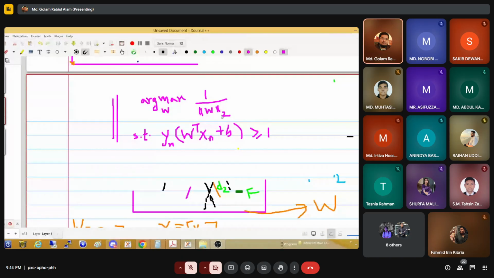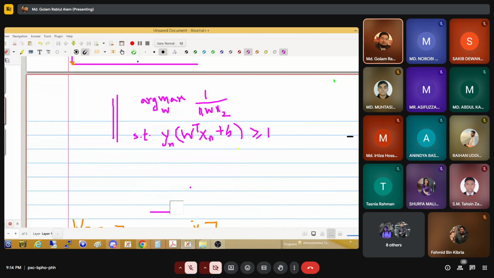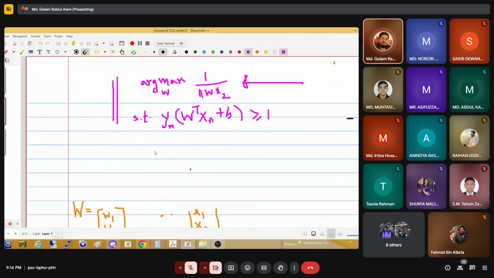So now we want to simplify it a little more. We can see that the first part, the objective function, is a maximization function of 1 by the norm of W. So we want to make it a minimization problem. The same thing, but a minimization problem. So this is argmin instead of argmax.